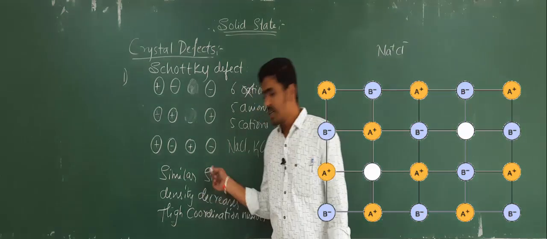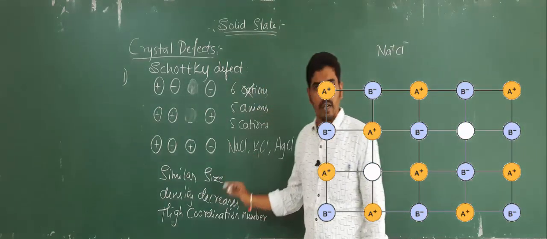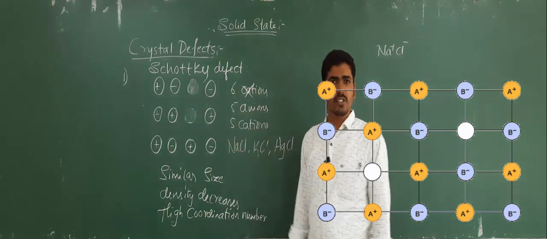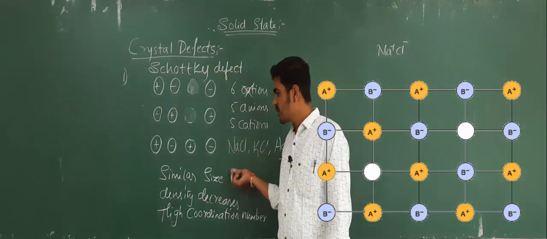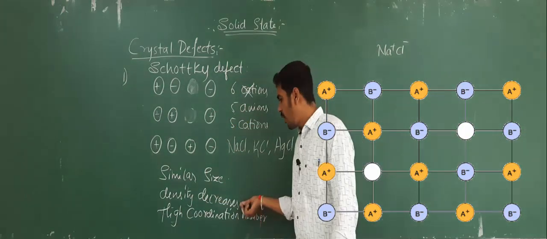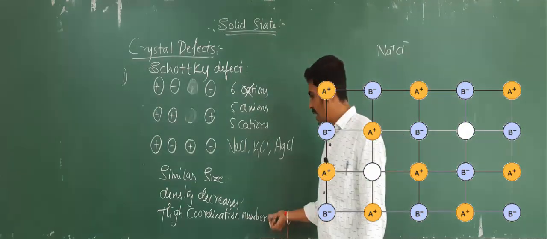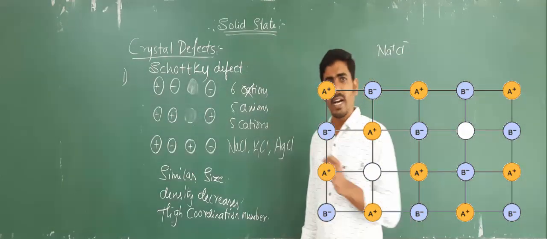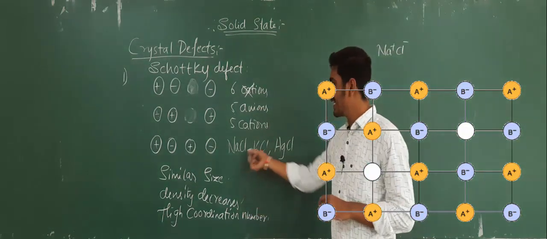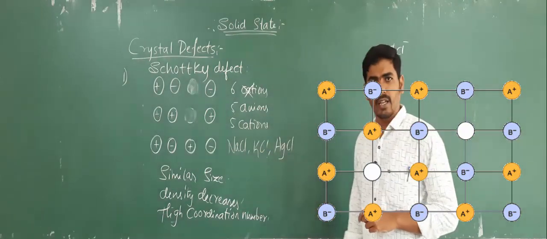So these are the factors which affect the Schottky defect: the ions must have similar size, density decreases, and coordination number should be high. Examples are NaCl, KCl and AgCl.